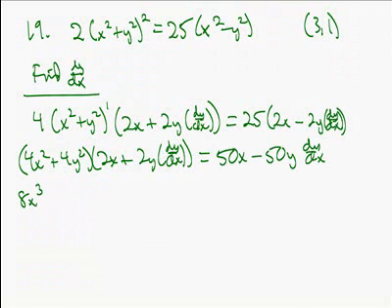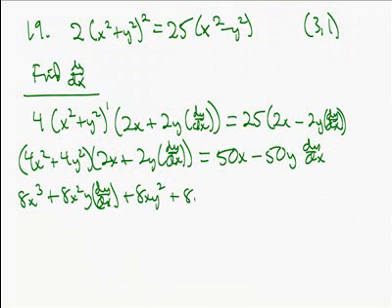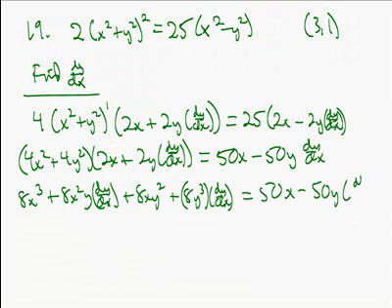Do the outer: 2y times 4x squared is 8x squared y, times dy/dx. The inner is 2x times 4y squared, which is 8xy squared, and the last is 2y times 4y squared, that's 8y cubed dy/dx. On the right side, we have 50x plus 50y dy/dx.